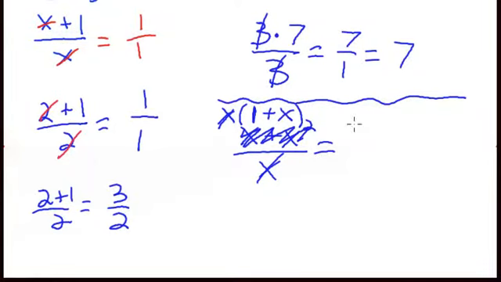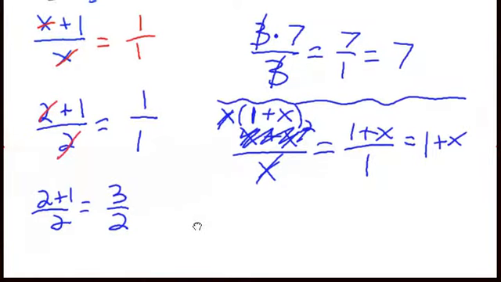So up top we have 1 plus x left, and down below this has been cancelled out, so there's just a 1 left, so we have 1 plus x. Okay, so that should sum up simplification pretty well. Alright, and factor. Always refresh yourself on that word factor. If it's a little fuzzy, don't let it be anymore.